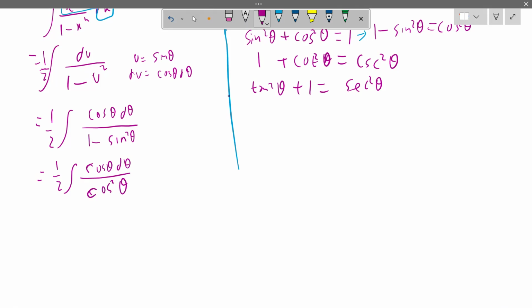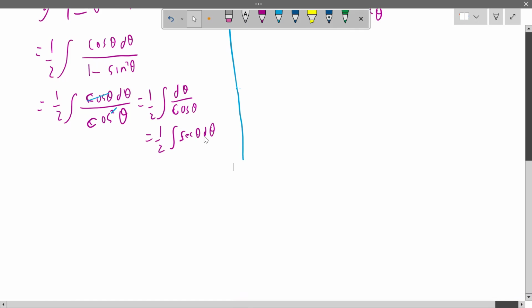Here we can cancel out one power of cosine theta from both. What remains is 1/2 times the integral of d theta over cosine of theta, or 1/2 the integral of secant theta d theta.